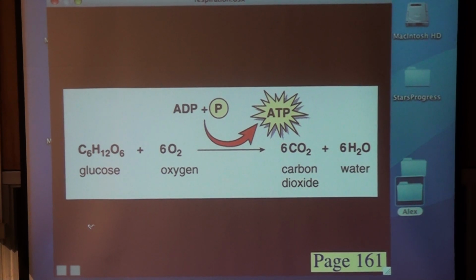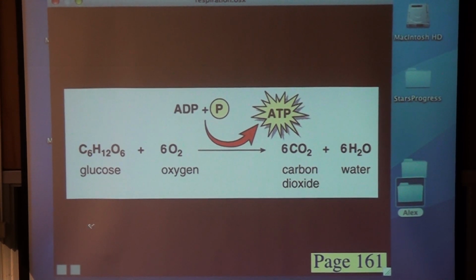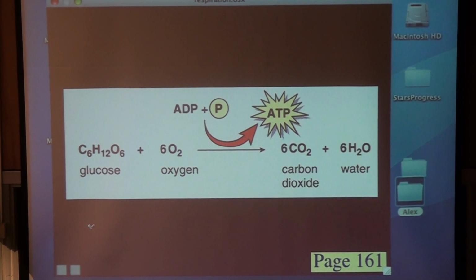The other does not use oxygen to break down the glucose. That's called cellular anaerobic respiration. This is the type that our bodies use the most, the aerobic variety, which is incidentally why we breathe in air, to get oxygen into our blood so that our cells have some oxygen to do this process.